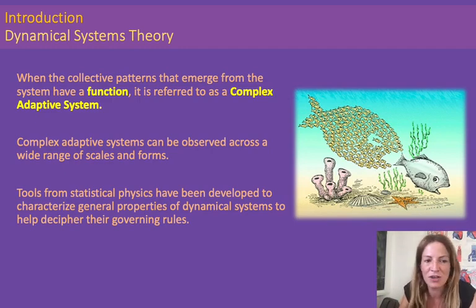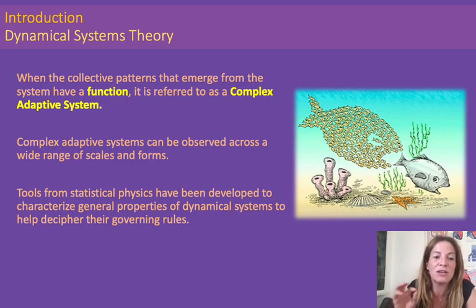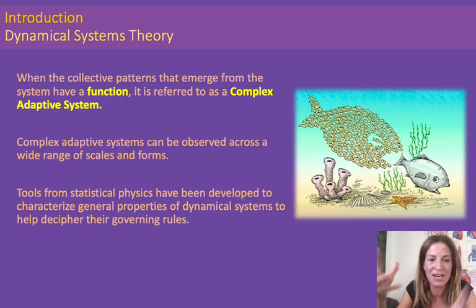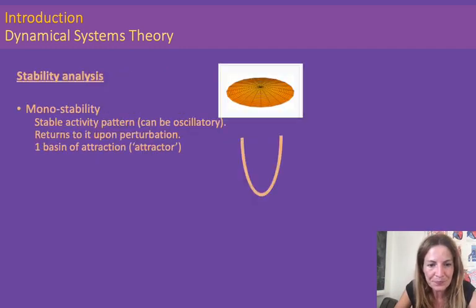And this is observed across a wide range of scales and forms, so it's a universal concept, right? And there are tools from statistical physics that have been developed to characterize the general properties of dynamical systems to help decipher their governing rules.